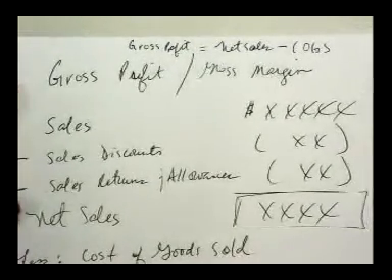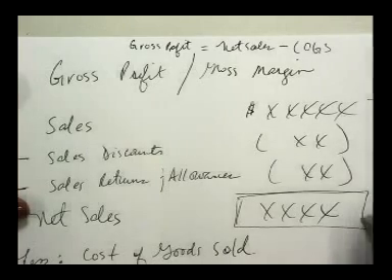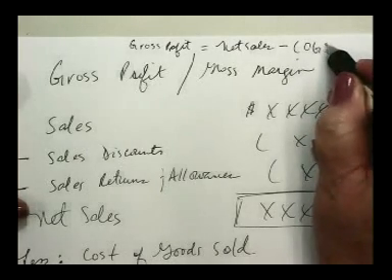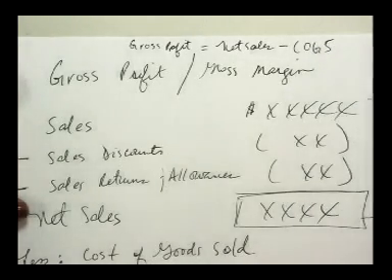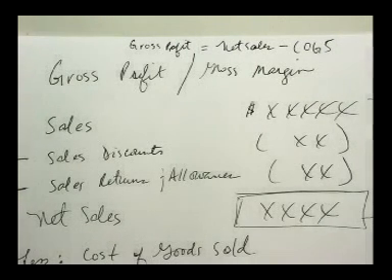Net sales, which we compute here, it's a formula within the formula, and then cost of goods sold is going to be a formula within the formula. Whatever we can sell and net in our pocket from those sales, less what that good cost us, is our gross profit or our gross margin. Both of them mean exactly the same thing.